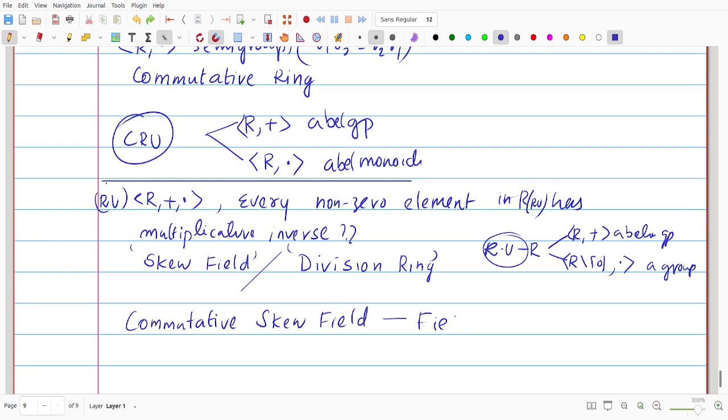Okay, so this is the definition of field. The field is a commutative skew field. A commutative skew field is a ring with unity in which every non-zero element has its own multiplicative inverse. A number of examples are also discussed in that one. So along with that, we can conclude section 18.